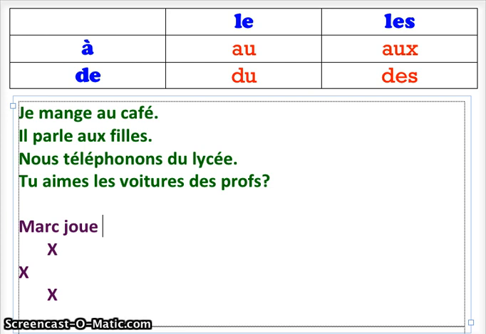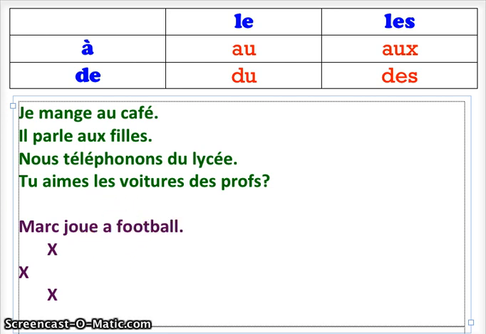But remember, in French, if you're talking about a game or a sport, you have to have that preposition à there. So it'd be Marc joue à le football. But notice what we have here. We have this à and le next to each other. They don't exist side by side. They form a contraction.